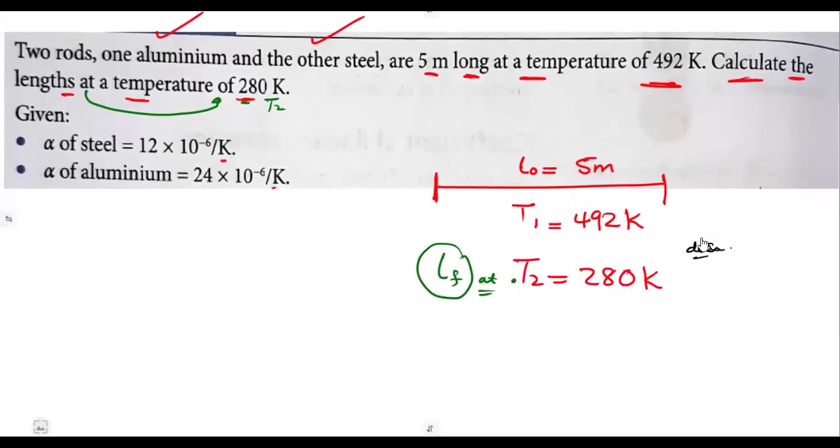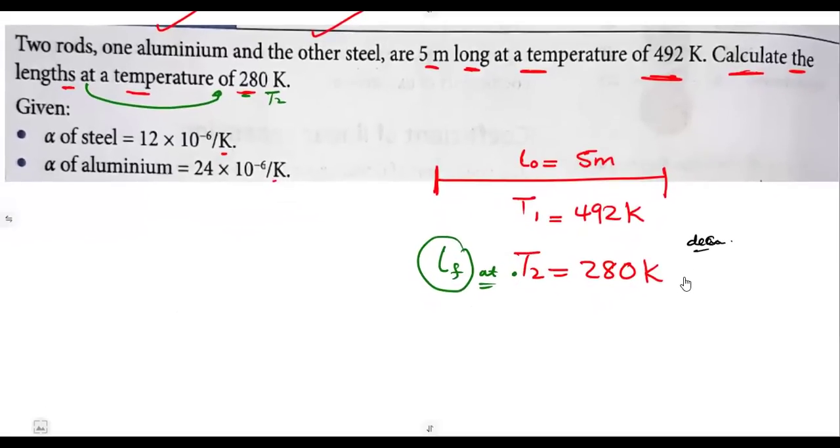So the question simply needs us to calculate the final length. But remember, there are two rods, two materials that we are dealing with, two metals. One aluminum, another one is steel. So we are going to calculate the final length for each. So let's start with steel.